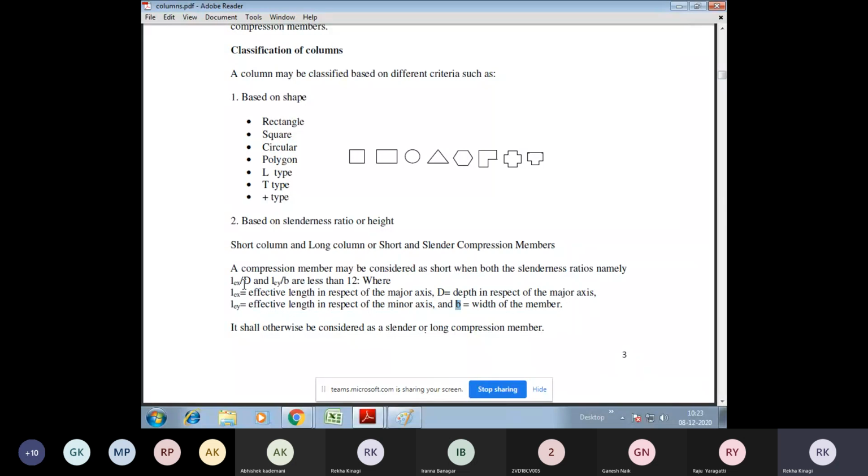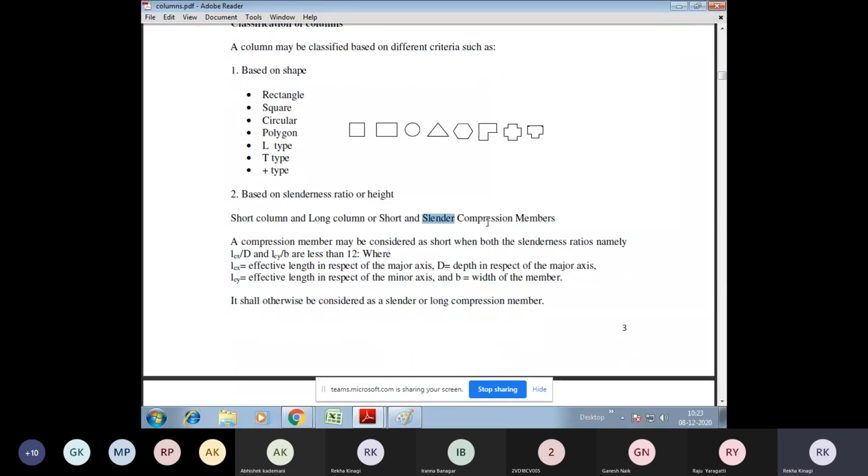If LEX by D and LEY by B are less than 12, we say that the column is short. If it is greater than 12, then we call it a long column or the slender column. So this is how, based upon the slenderness ratio, we can consider the short column or long column or slender column.